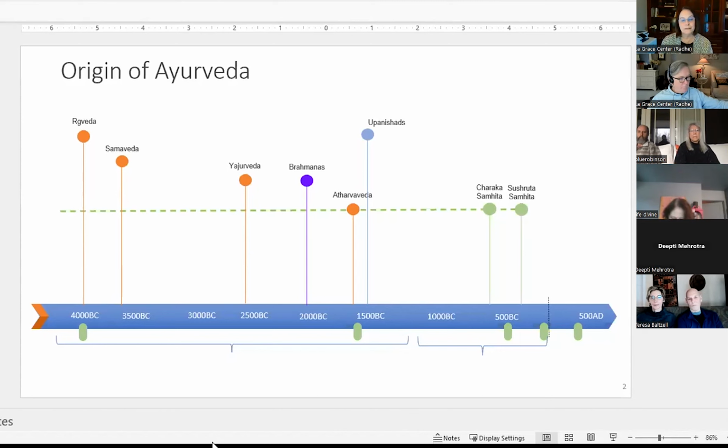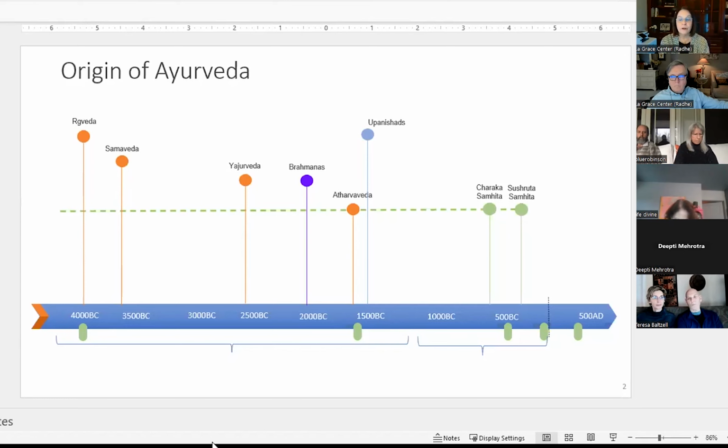I would even go so far as to say that its roots go as far back as the Rig Veda, because almost 60% of the hymns in the Atharva Veda are sourced from the Rig Veda, the oldest spiritual scripture in India and probably the world.